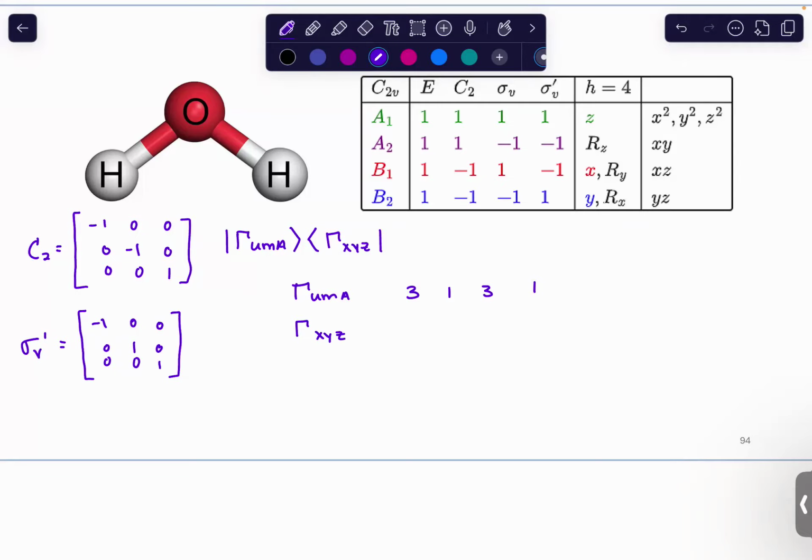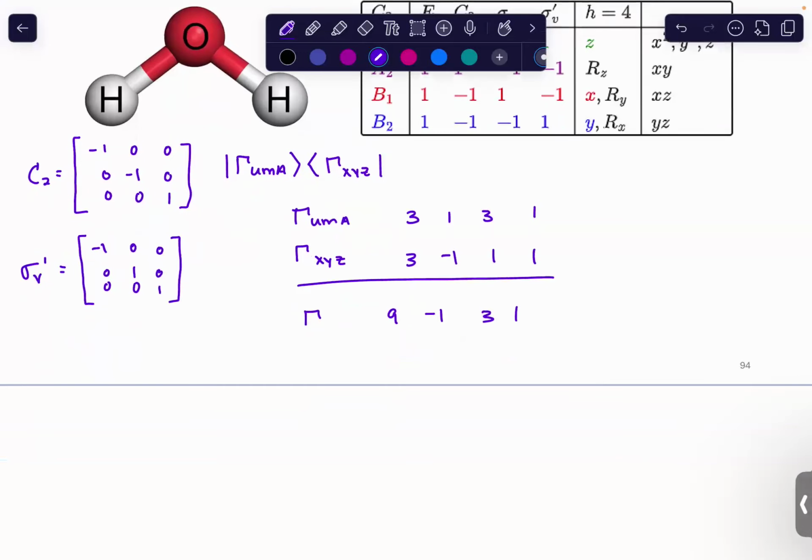Gamma XYZ: of course, remember from above that for E it's 3. For C2 it's -1. And for each sigma V it's going to be 1. Okay, so then our gamma is going to be 9, -1, 3, 1.